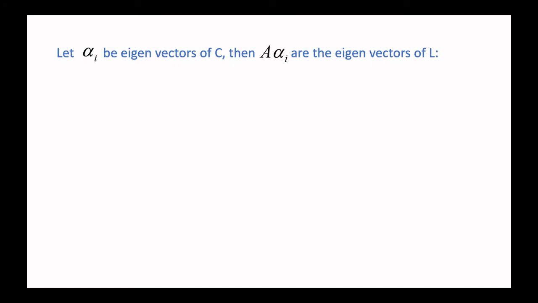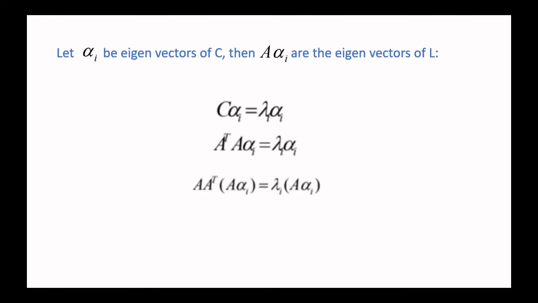And in fact, if alpha_i is an eigenvector of C, then A alpha_i will be an eigenvector of L. Let us see how. By definition of eigenvectors, I can write C alpha_i equal to lambda_i alpha_i, since alpha_i is the eigenvector of C. C is A transpose A by definition. We can pre-multiply by A on both sides.